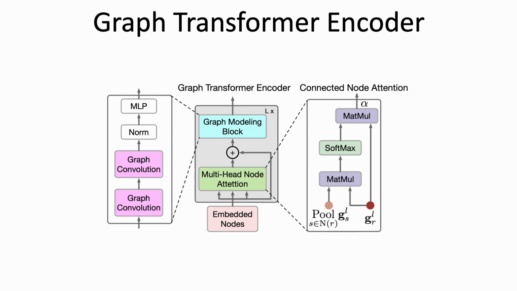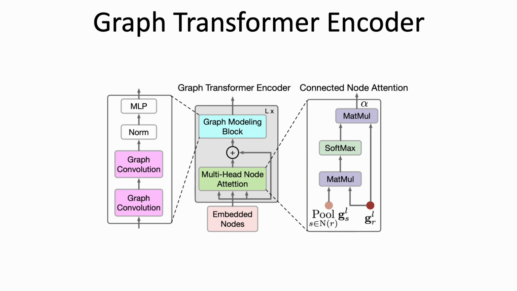So this is an overview of the proposed graph transformer encoder, which consists of multi-head node attention and a graph modeling block. It can capture both global and local correlations for graph-constrained house generation. This encoder consists of 8 identical blocks.